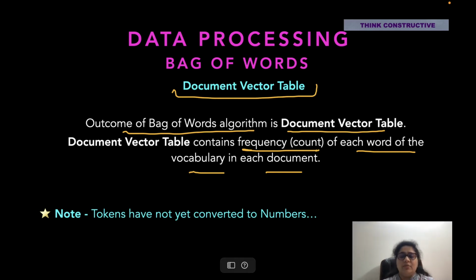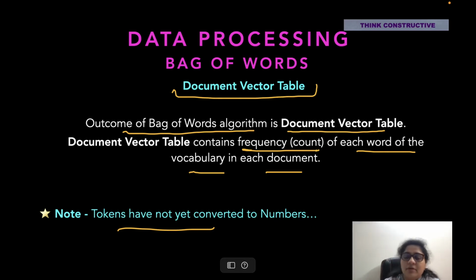So with this we have executed all the steps of the bag of words algorithm. Can we say now my tokens are converted into numbers? Not yet. Correct? So that means there is something more we should be doing to reach that level. All right. So more to process data.